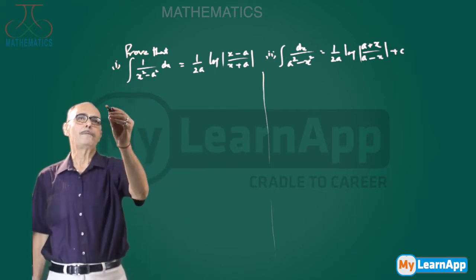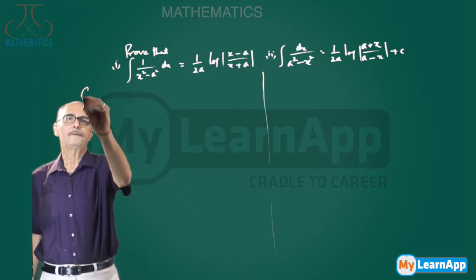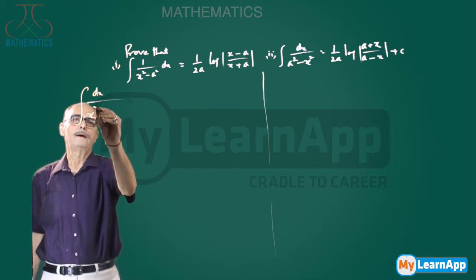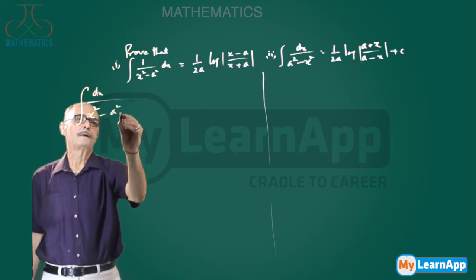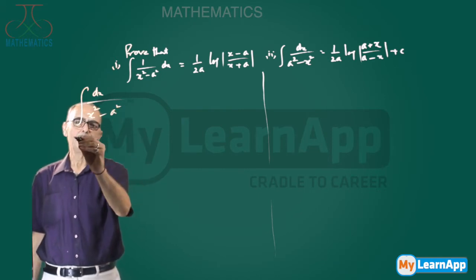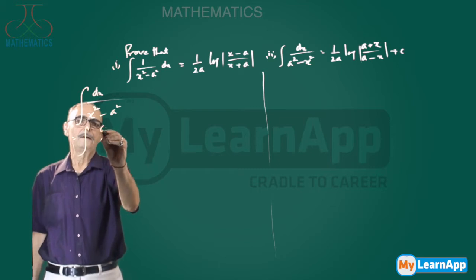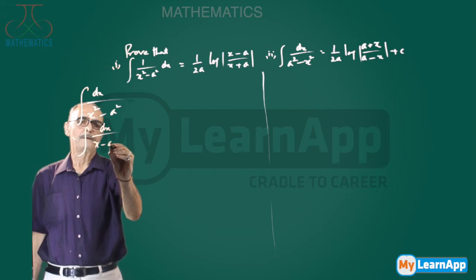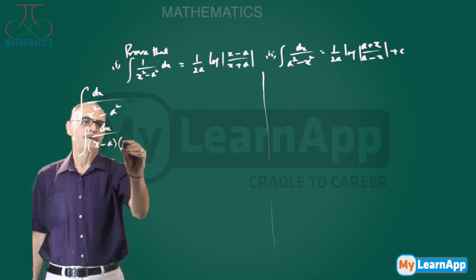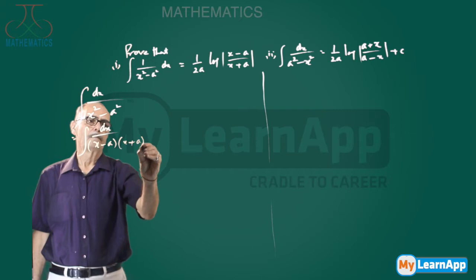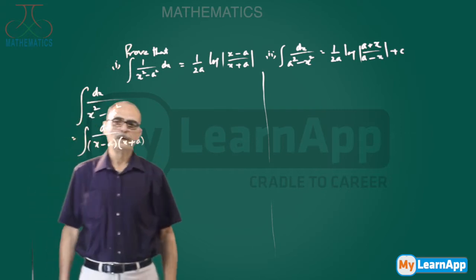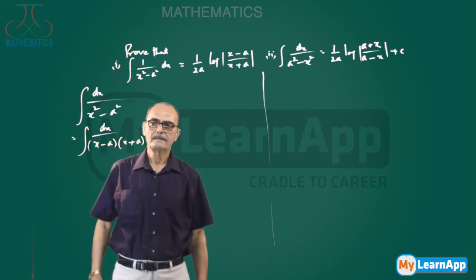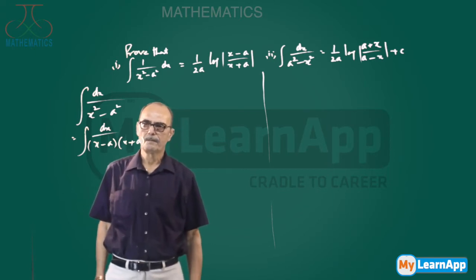If you take up this formula, this is integral dx upon x square minus a square, or this can be written as integral dx upon (x minus a) into (x plus a). We reduce this at this stage as partial fractions.